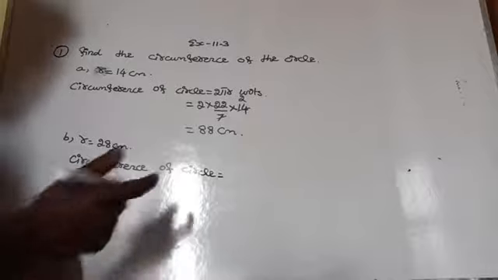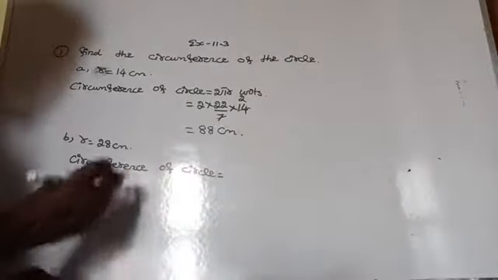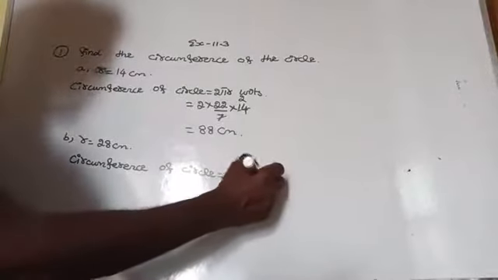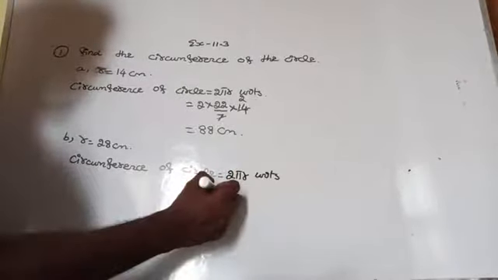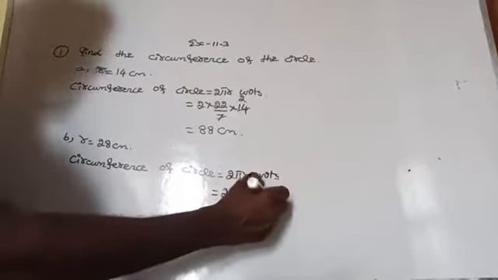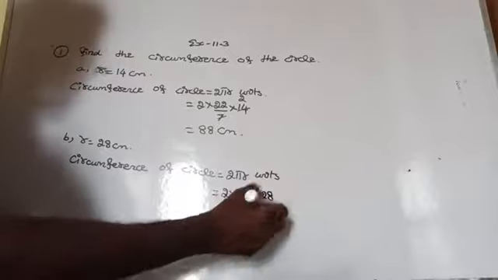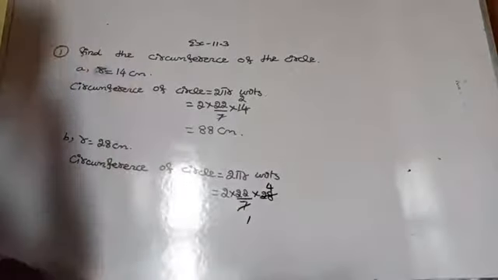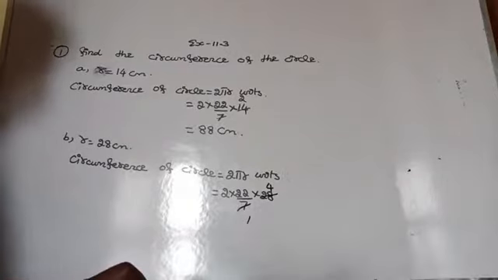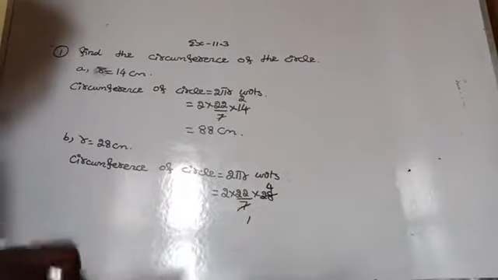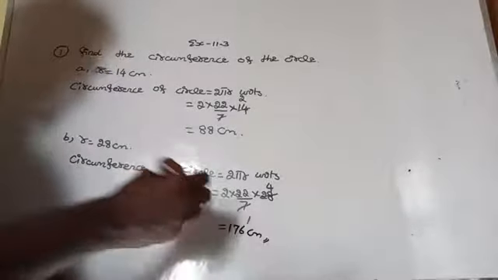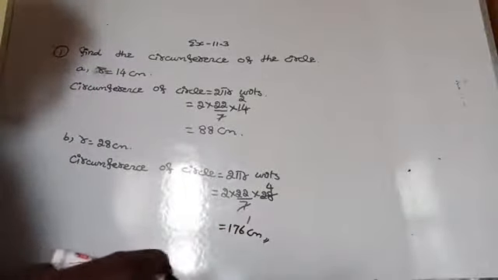Now 2 into 22 by 7, the radius is 28. So 7 4s are 28. 22 into 4 is 88, 88 into 2 is 176 centimeter. Am I right, dear? Yes.